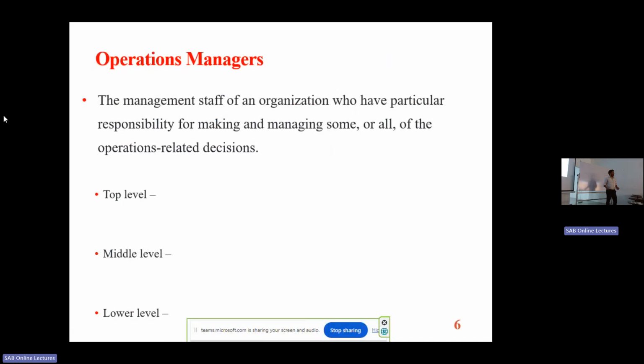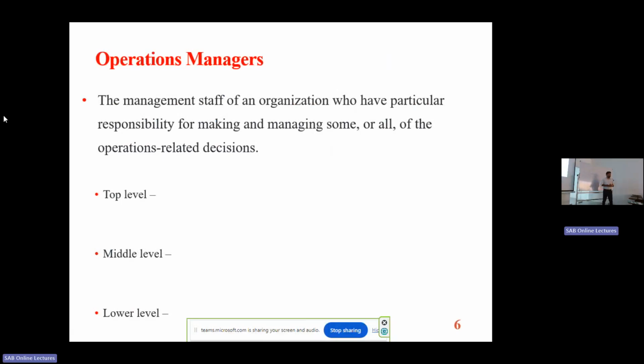So anyway, what I was telling, CEOs are responsible for the overall performance. So not necessarily, but still they look after, they supervise the operations department. Yes, and even the managing director, right? The same kind of responsibility.